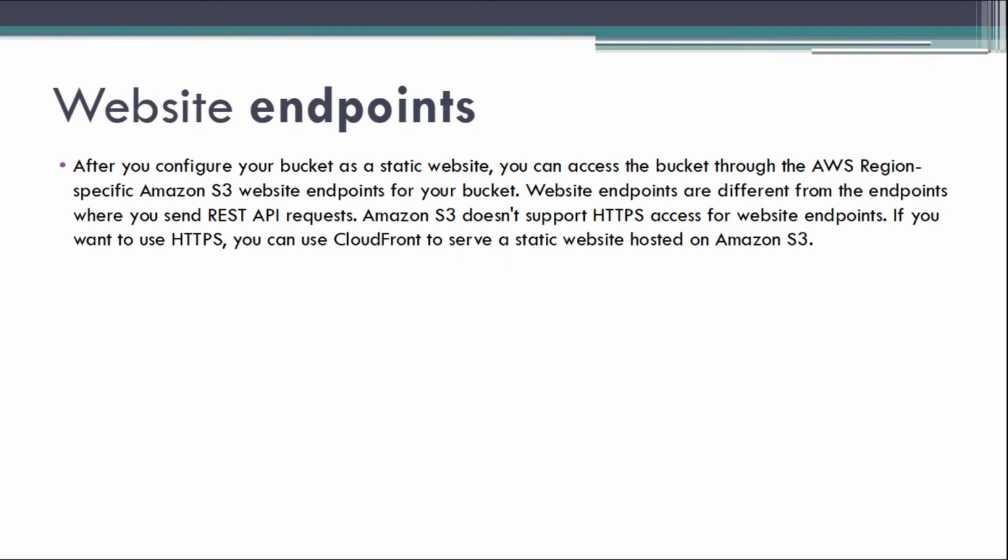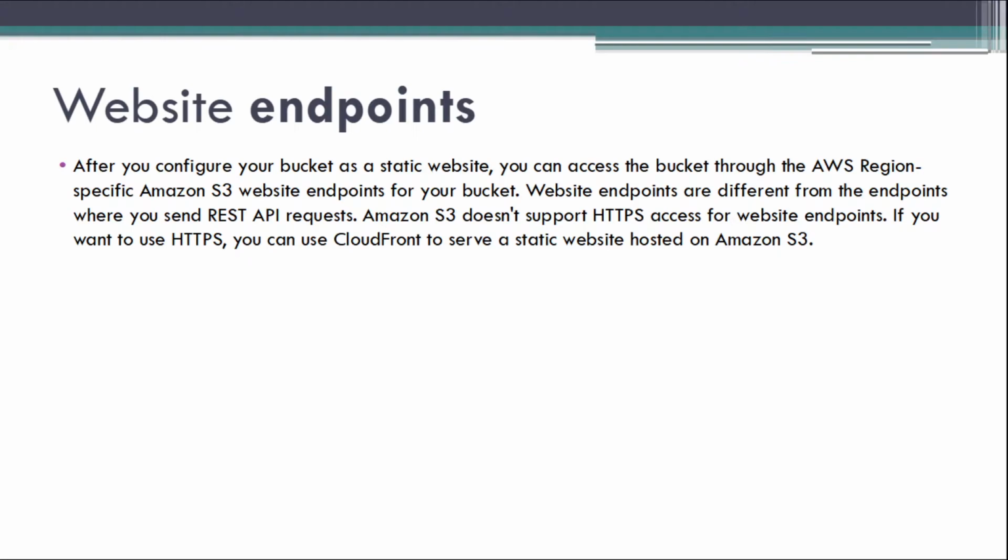So here, you configure your bucket for static website hosting. How can you access your website? With the help of the endpoint. This is a regional endpoint, and it is different from the endpoint you use for REST API requests. And Amazon S3 does not support HTTPS access.